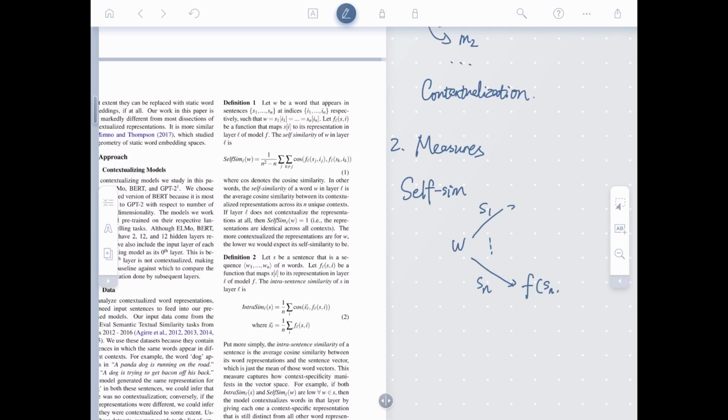word at location i. This is word i. And the author adds another subscript to denote the l-th layer of the language model.